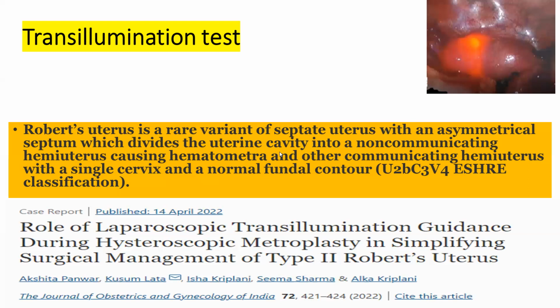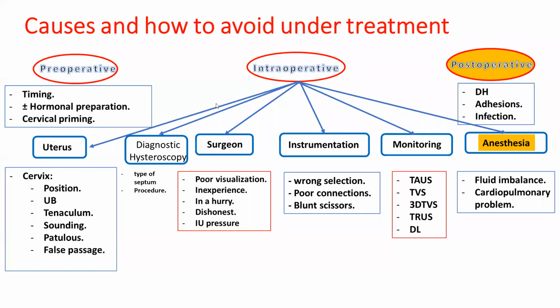How to know? By this trans-illumination test, your telescope in one of these horns can be seen like this picture, while the other horn is not illuminated. This means that there is non-communication between both parts, and this is a rare type of septate uterus.